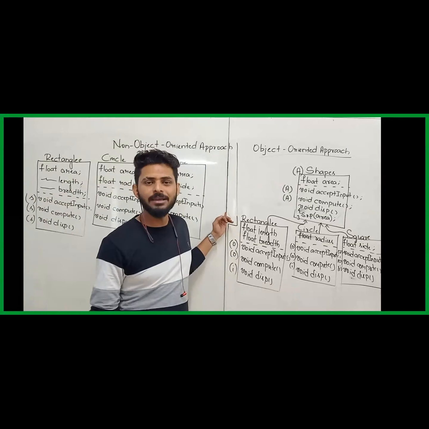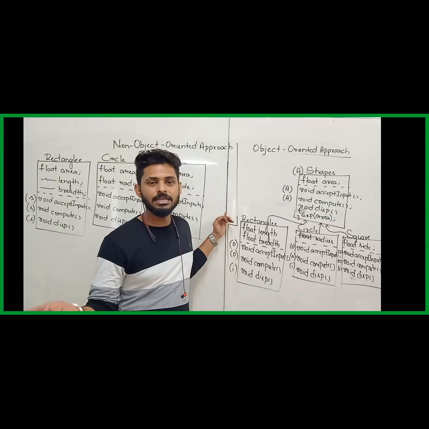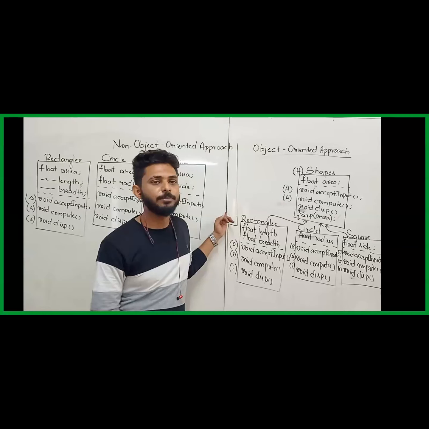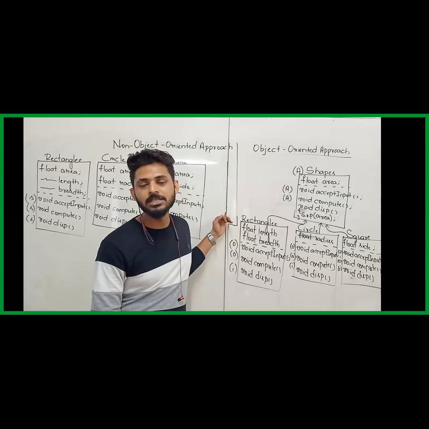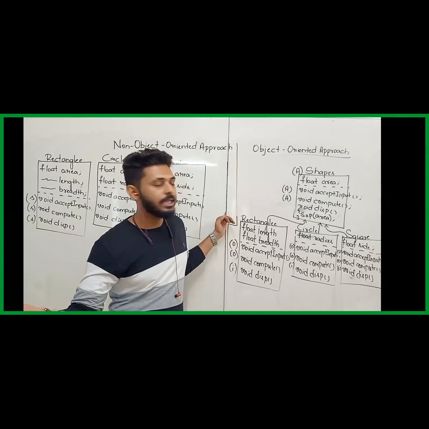Any method. For that matter, I'll consider every time the same method, void initiate. In the brackets, what should I pass? A parent type reference. Who is the parent? Shape type. So I will use a Shape type ref.